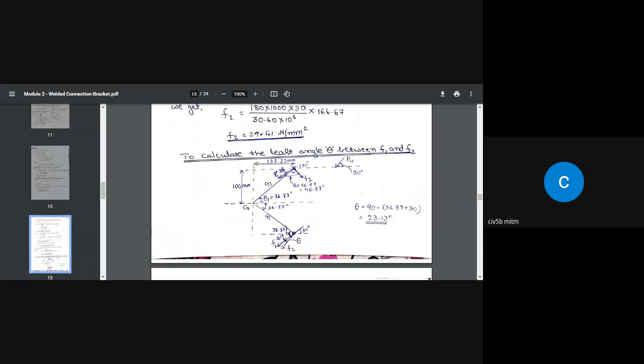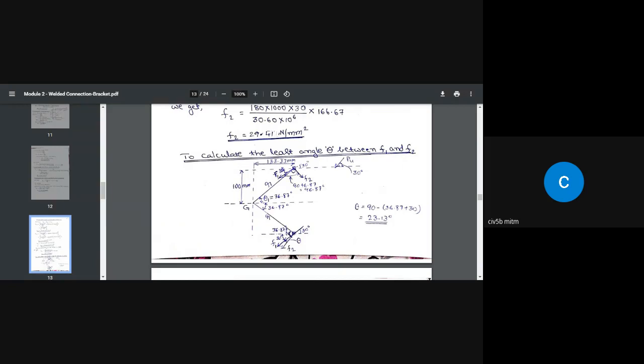Cos 60 is half. And again, it decreases. Okay, so what I mean to say is I'm just mixing up those values.